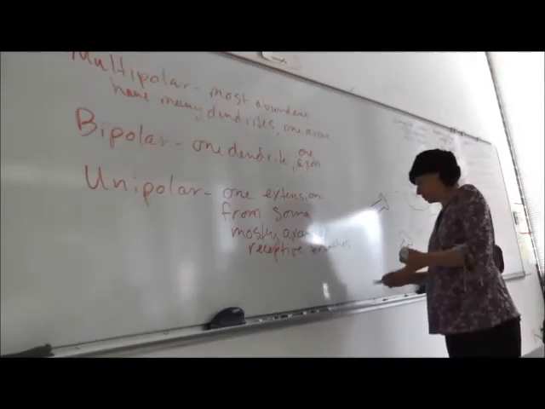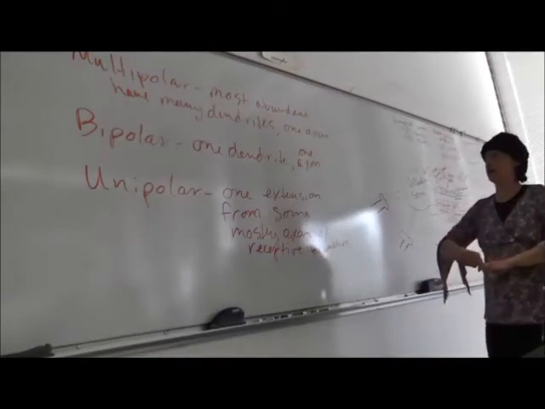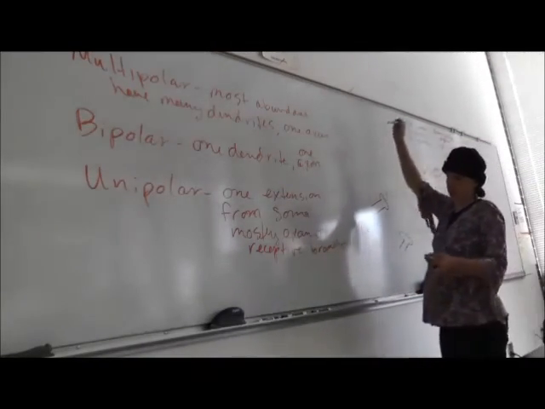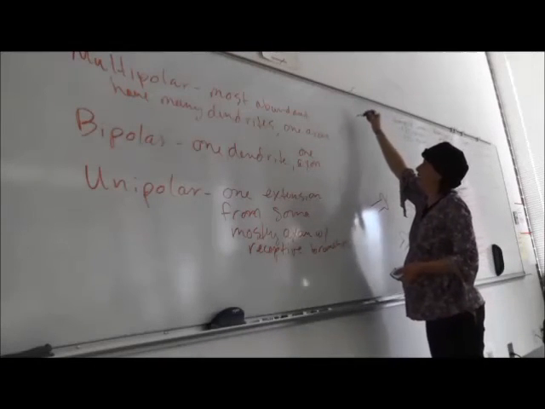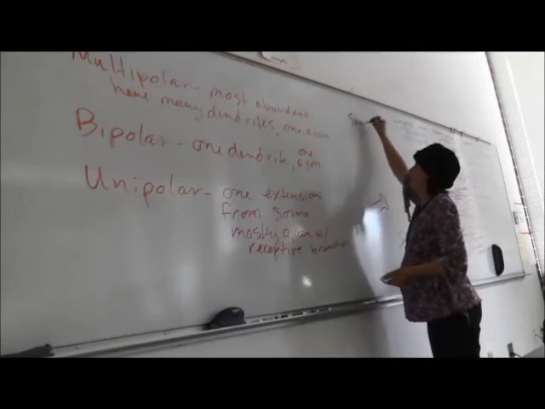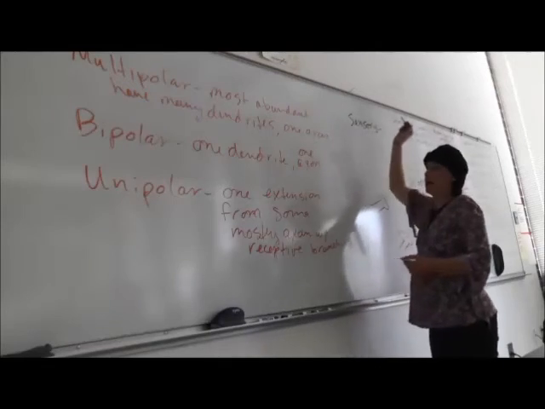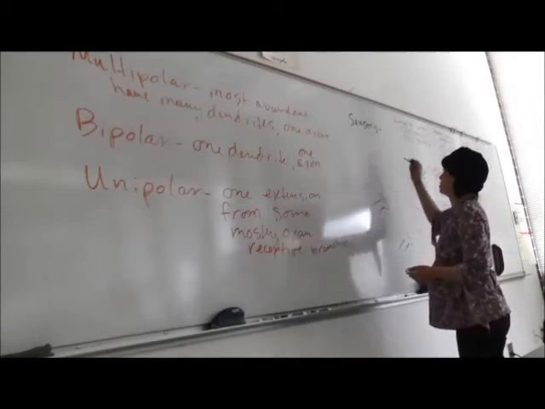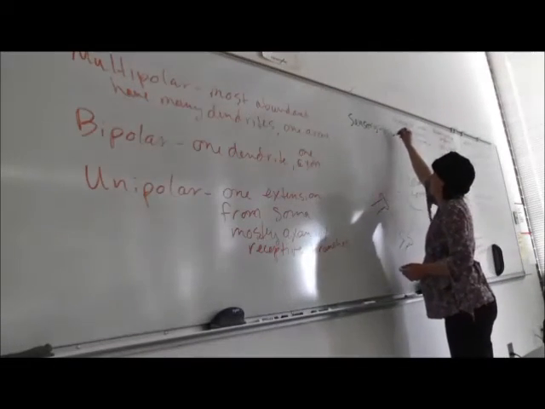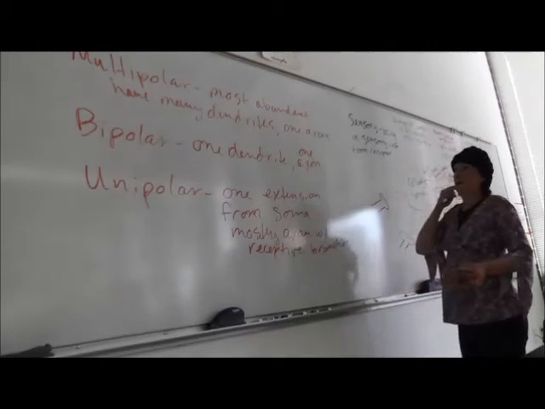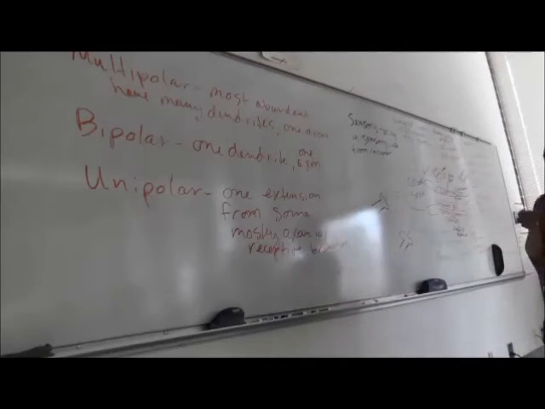We can also classify them based on physiology. So if we're looking at the function and how we classify them, we've got sensory neurons, and these are bringing in sensory information from a receptor. So most of your senses that you feel in your skin, like heat, pain, pressure, those are coming in through sensory neurons that are unipolar.